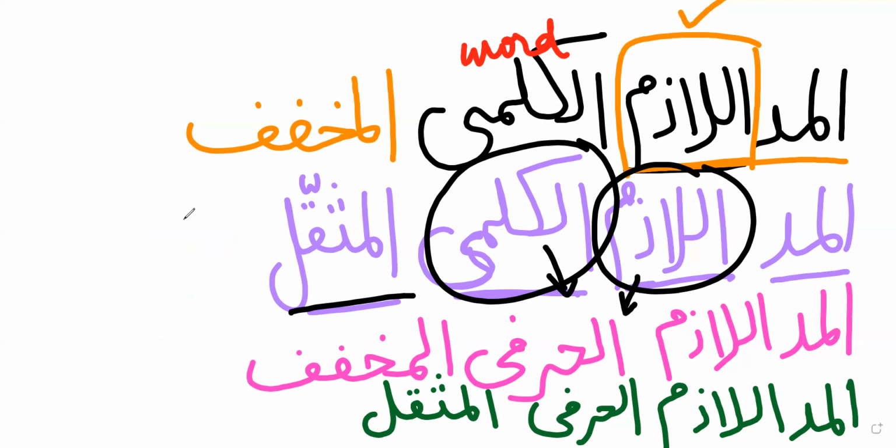Because that comes in example of al-mad al-lazim al-harfi. Remember, whenever we're going to talk about harfi, it means I'm talking about the huruful muqatta'at. Because that's the only possibility where so many things can be part of an alphabet, because the alphabet is written as a word, if that makes sense.